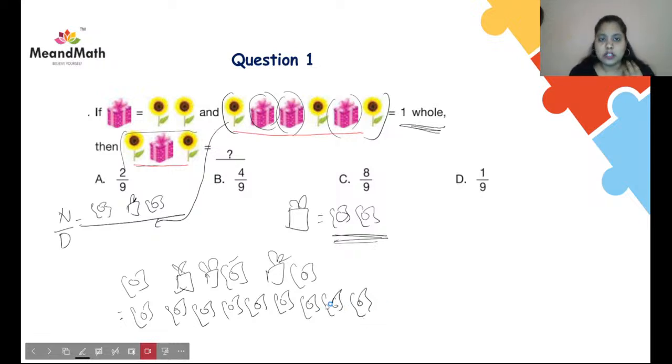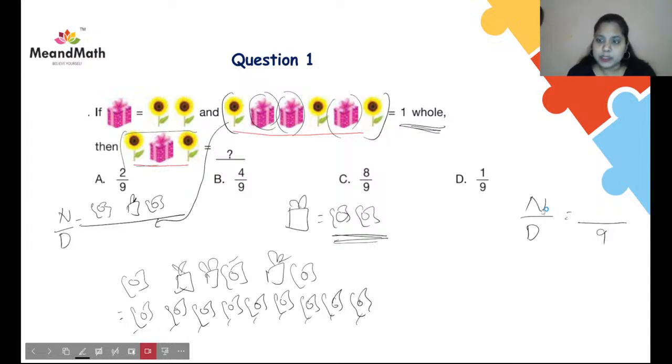So we'll now count the total number of sunflowers, that is nothing but the denominator. We have 1, 2, 3, 4, 5, 6, 7, 8, 9. So we see that the total number of parts is 9, so we get the denominator as 9.